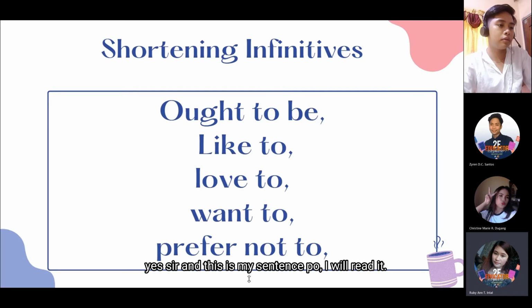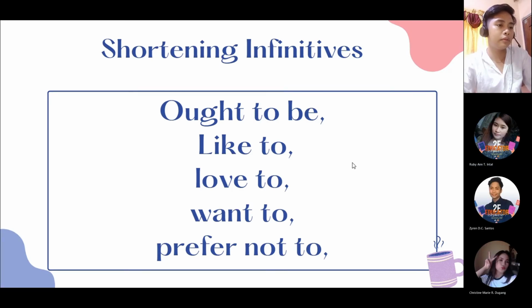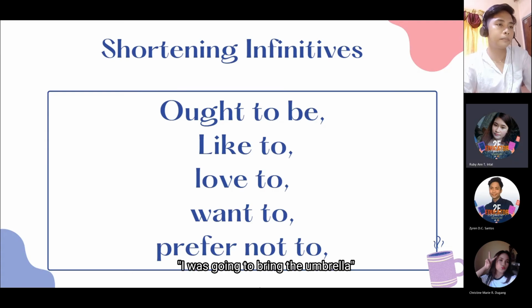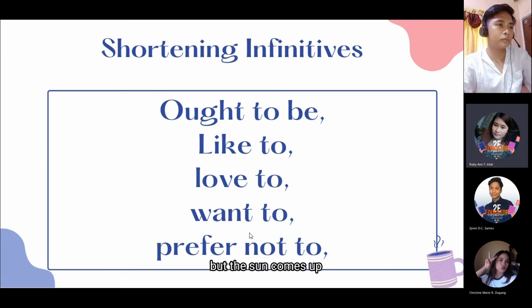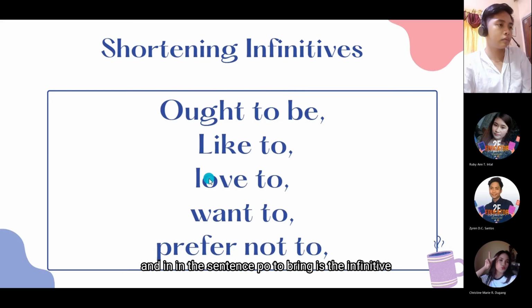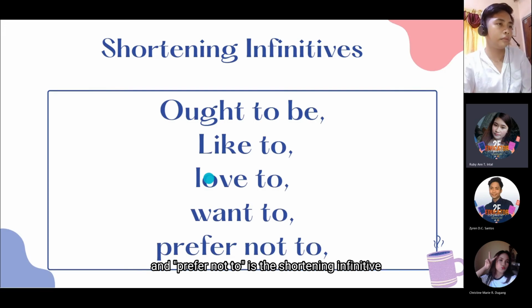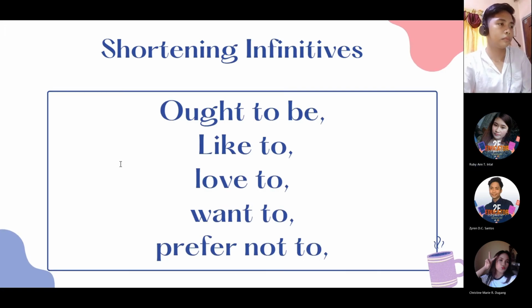Yes, sir. And this is my sentence po. I will read it. I was going to bring the umbrella, but the sun came up, so I prefer not to. In this sentence po, to bring is the infinitive and prefer not to is the shortening infinitive po.